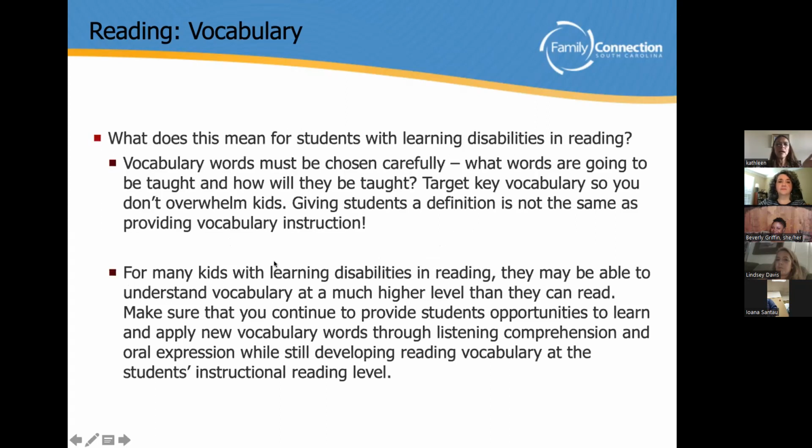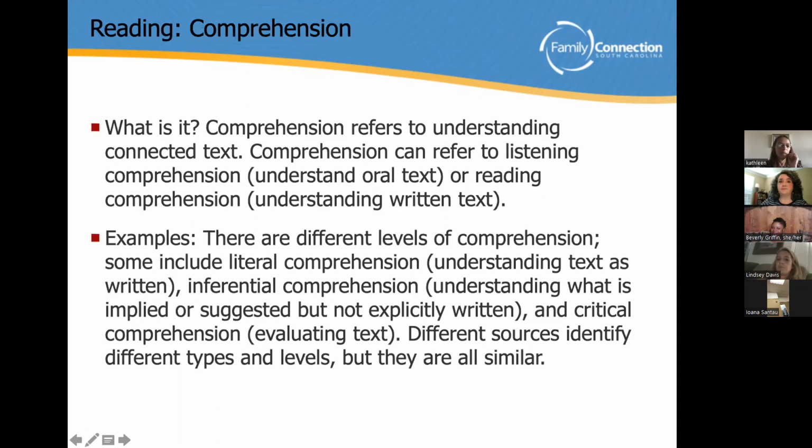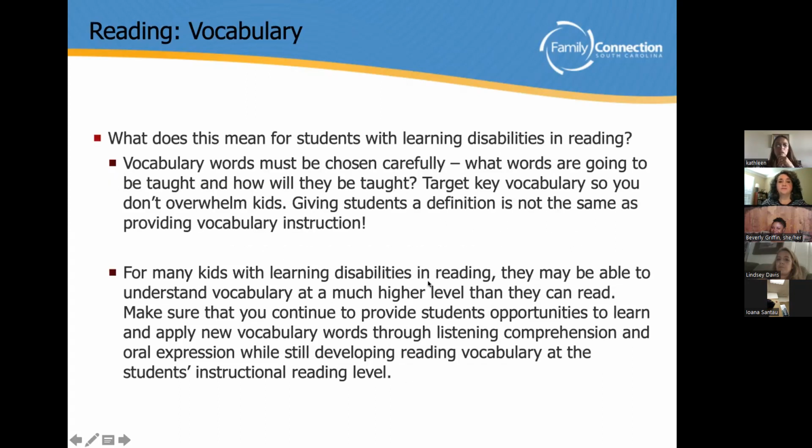Okay, and so vocabulary words must be chosen carefully, and this is what I was just saying. They can understand vocabulary at a much higher level. You just need to make sure you do that.